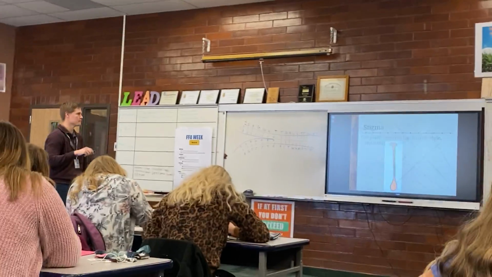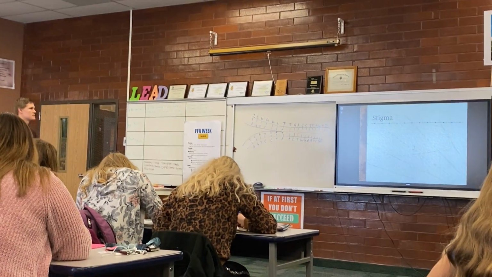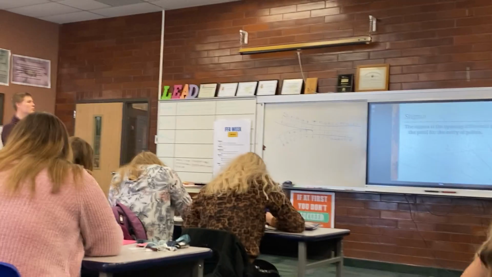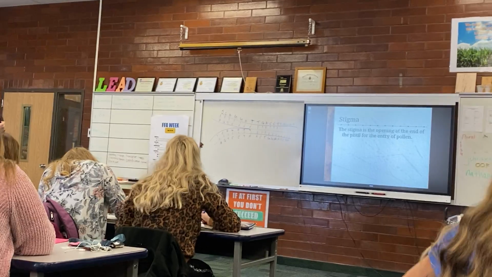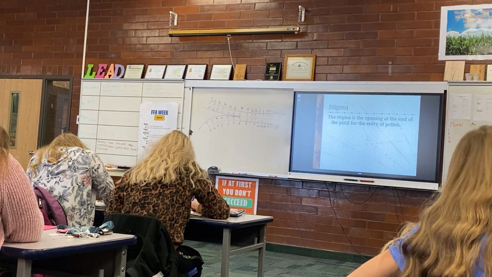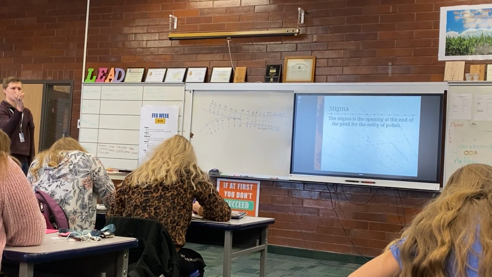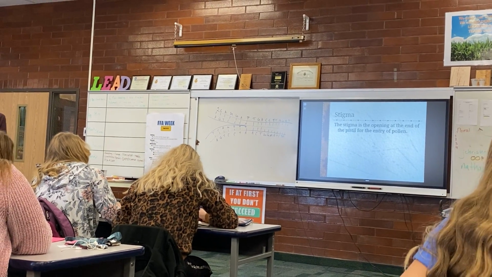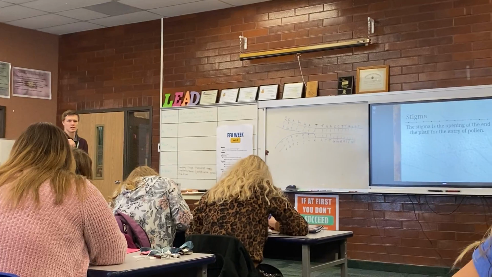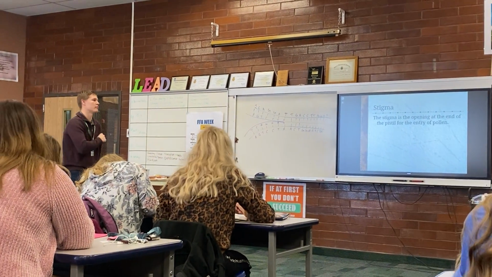Okay. So next is the stigma. It's the opening at the end of the pistil for the entry of the pollen. This part of the pistil is what grabs the pollen from the anthers, and that's how it fertilizes to make a seed or fruit.